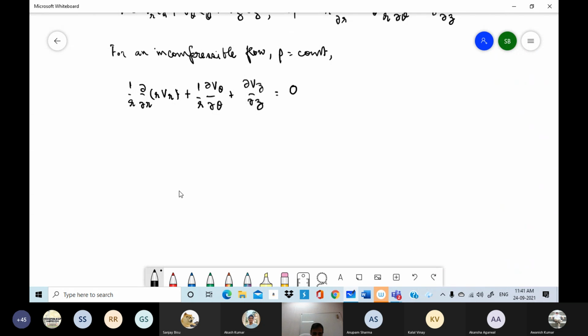So let's look at a one-dimensional situation. Pure radial flow.